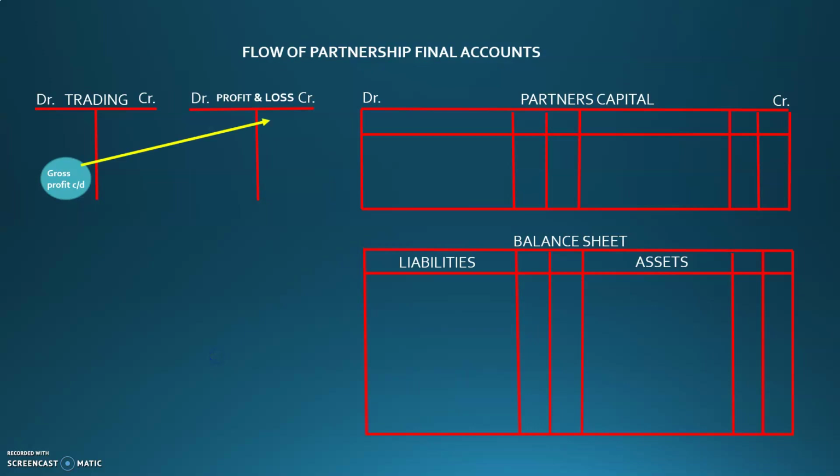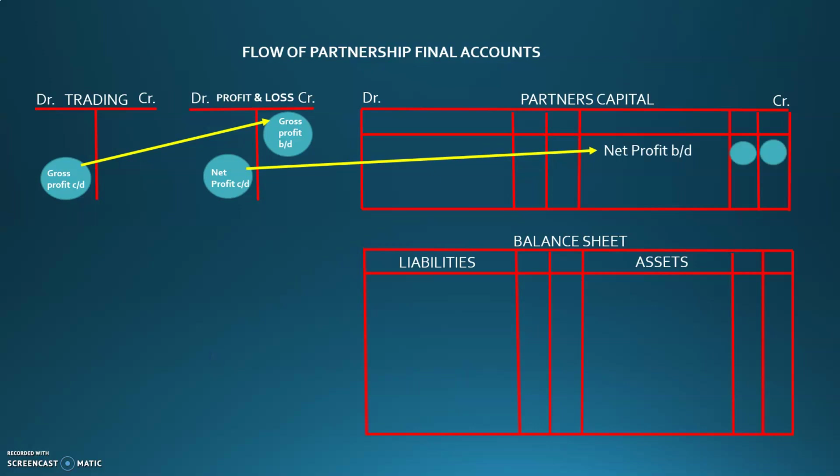यहाँ से gross profit उठ के प्रॉफिट एंड लॉस अकाउंट में जाएगा क्रेडिट साइड पे. इसके बाद प्रॉफिट एंड लॉस अकाउंट टैली होगा और उसमें जो आंसर आएगा दैट इज कॉल्ड एज नेट प्रॉफिट. नेट प्रॉफिट यू विल ट्रांसफर टू द न्यू अकाउंट ऑन द क्रेडिट साइड विच इज पार्टनर्स कैपिटल अकाउंट. देयर इट विल बी कॉल्ड एज नेट प्रॉफिट ब्रॉट डाउन, एंड फ्रॉम हियर द आंसर दैट यू गेट will be called as capital carried down, and this capital will be transferred to the liability side.